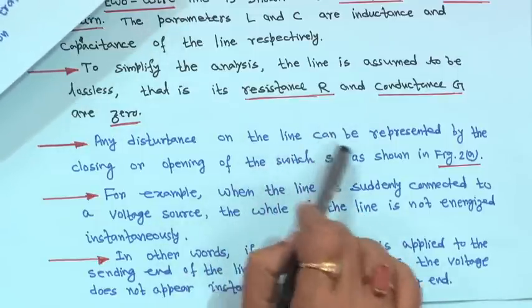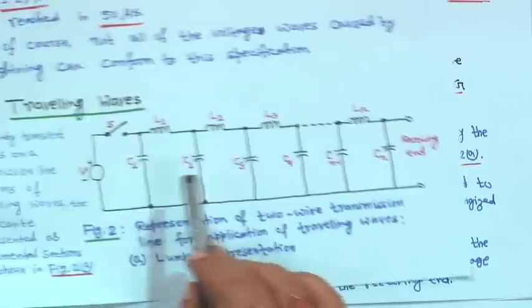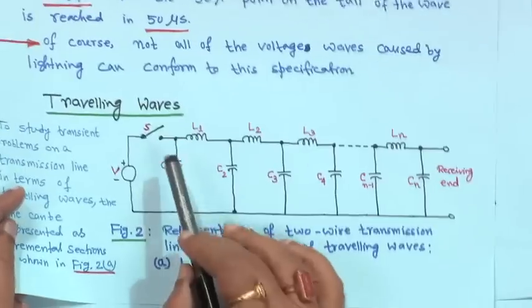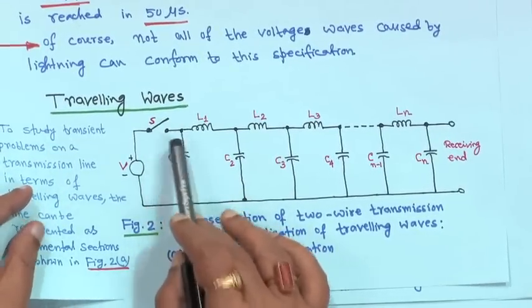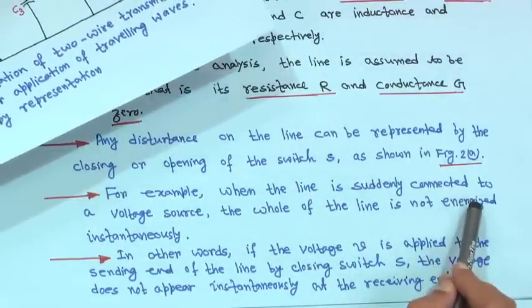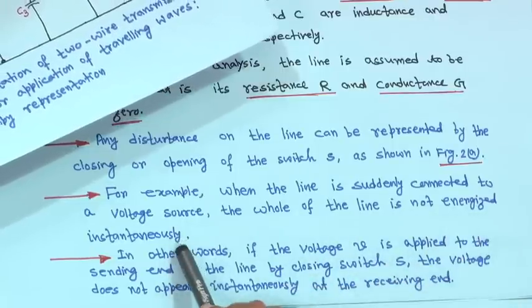Any disturbance on the line can be represented by the closing or opening of the switches as shown in figure 2a. Closing or opening the switches will create a disturbance in the line, right. For example, when a line is suddenly connected to a voltage source, the whole of the line is not energized instantaneously.